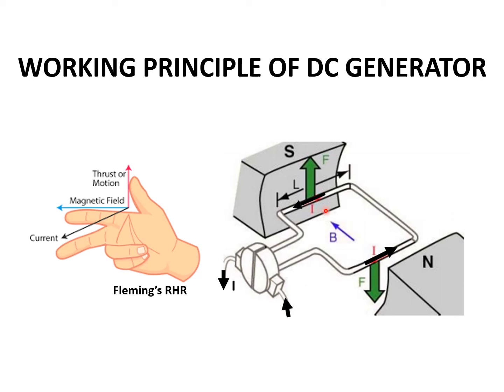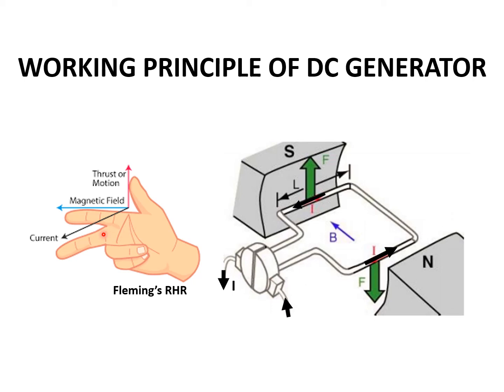and we can find the direction of current through this conductor by using Fleming's right hand rule. We place the thumb, forefinger and center finger of our right hand at 90 degrees to each other like this.